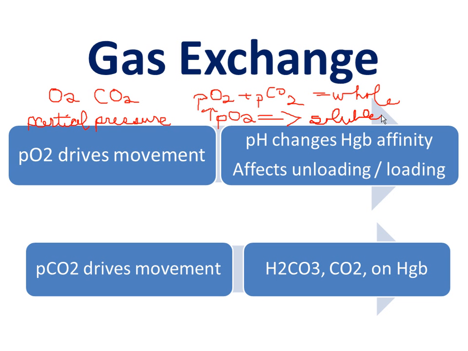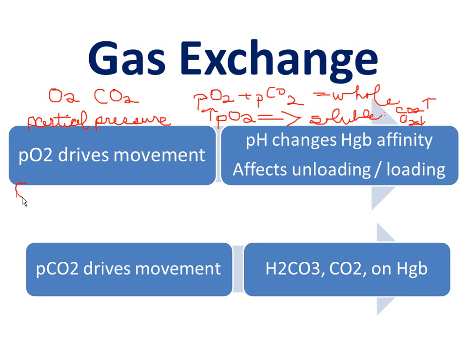But we also talked about pH and temperature affecting solubility. One of the things we learned is that while carbon dioxide is highly soluble in blood, oxygen is not. And that's one of the reasons why we have to have hemoglobin, because you can't dissolve enough oxygen in your plasma to meet your needs.